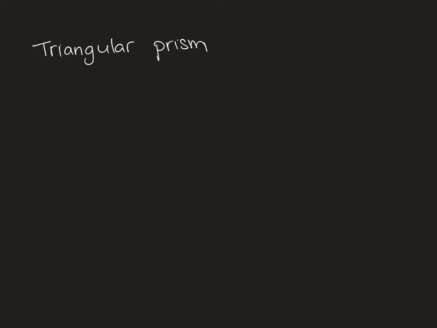For a triangular prism, we're going to be dealing with basically the same types of numbers. So we need the area of the base times the height.